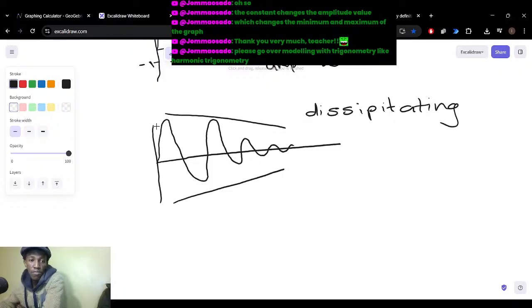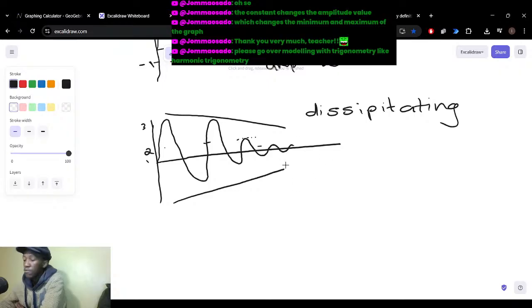So for example, if this is 3, then on the following period this is 2, and then the following one, and so on. So it's dissipating. So its amplitude is sort of decreasing, né? But not really.